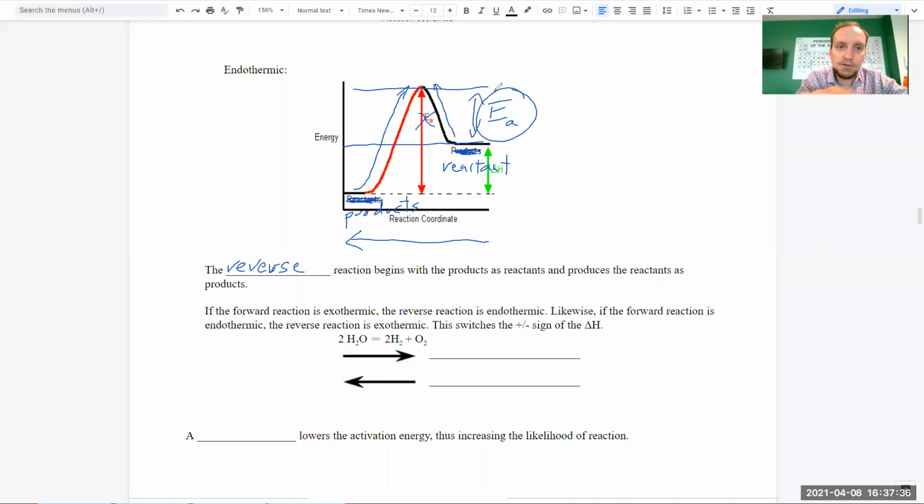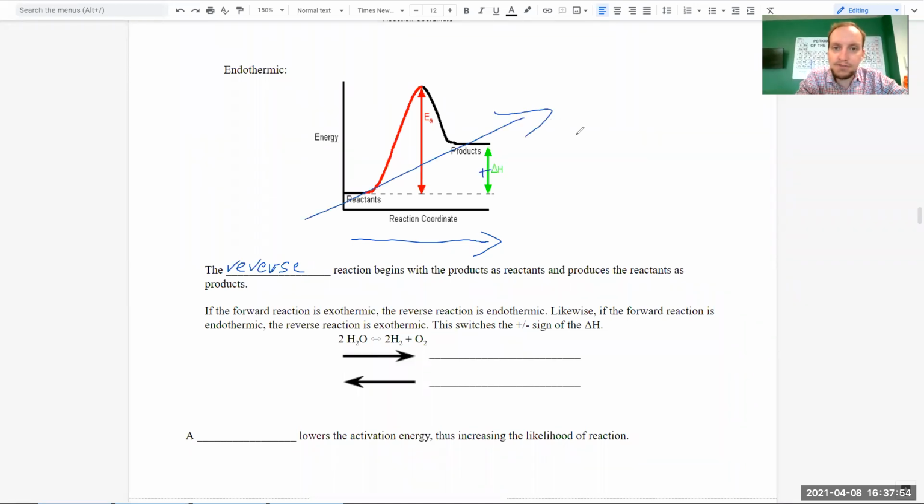Also, notice one thing else is that our delta H would also change. Let me go ahead and get that out of the way so you can see it. Our delta H in the forward reaction, which is in this direction, is positive, right? Because we're going in this direction.